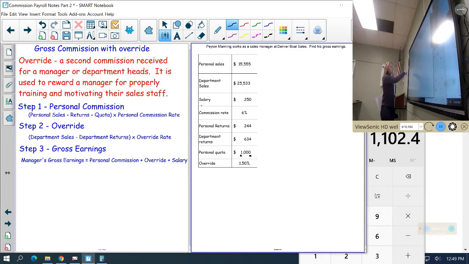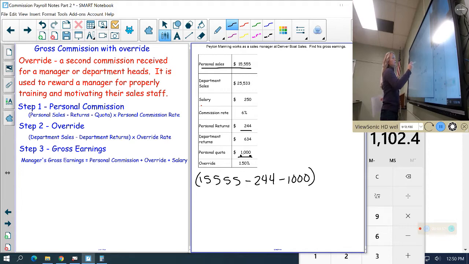steps that we had. First of all, I'm going to calculate his personal commission. So his personal commission, I'm going to take his personal sales minus returns minus quota times his personal commission rate. So his personal sales, 15,555 minus returns, which are here, 244, minus his quota, which is here, 1,000, times his personal commission rate, which is right here, 6%.